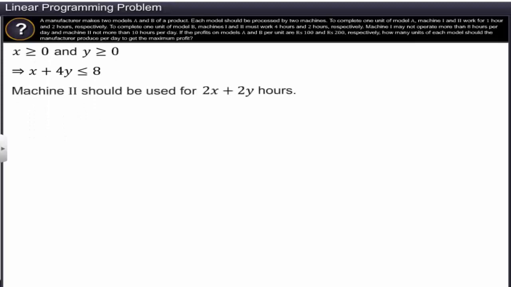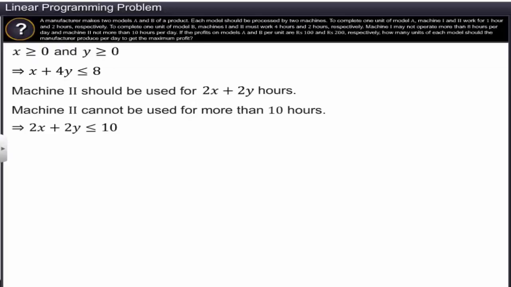Given that the second machine is used for 2 hours to complete 1 unit of model A and 2 hours to complete 1 unit of model B, and it cannot be used for more than 10 hours, it implies that 2x plus 2y is less than or equal to 10. This can be simplified to x plus y is less than or equal to 5.